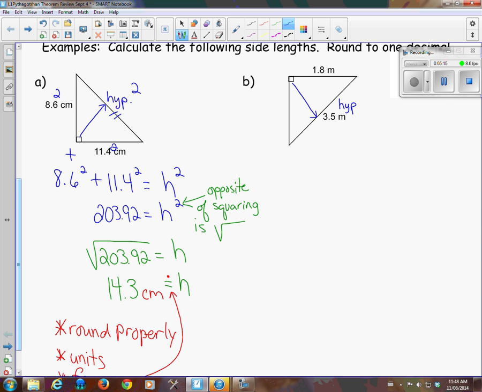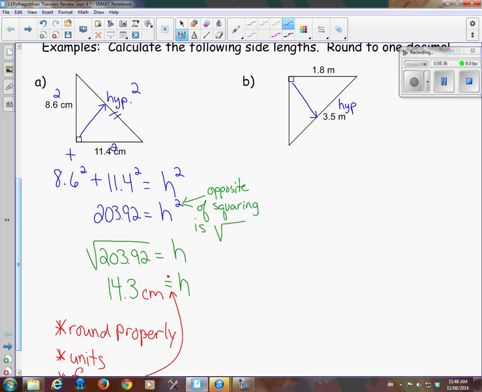Since I already know the longest side, I don't need to add two things to get a bigger answer. I want to get the length of one of the other sides. And one of the other sides is going to be shorter because a hypotenuse has to be the longest. So if I want a smaller answer, rather than add, I'm going to subtract.